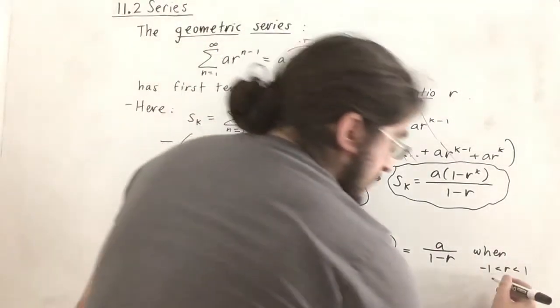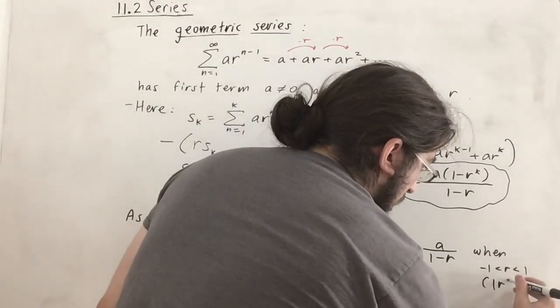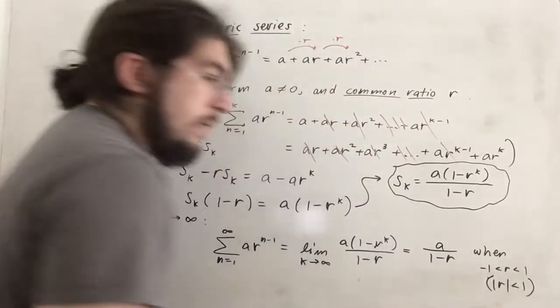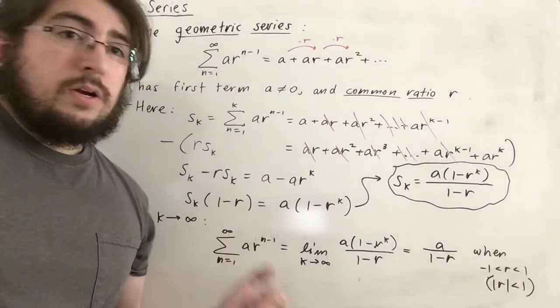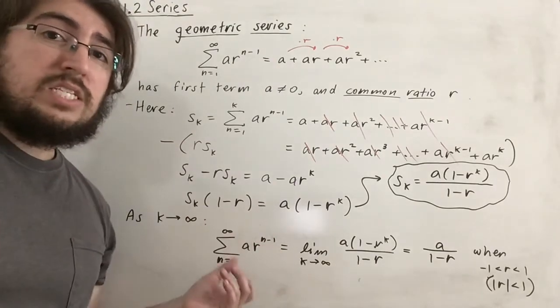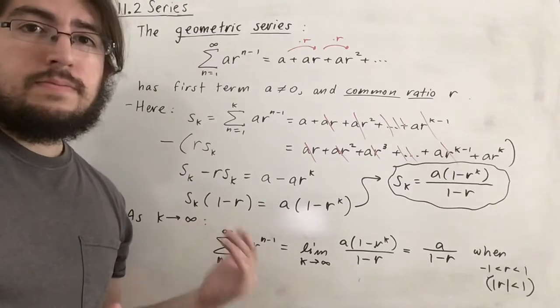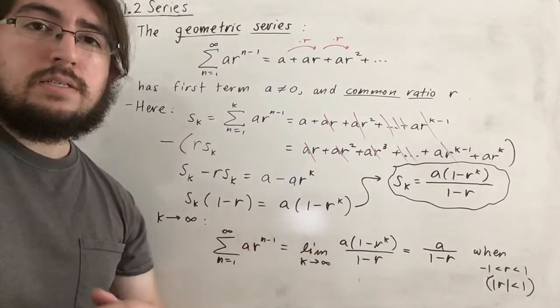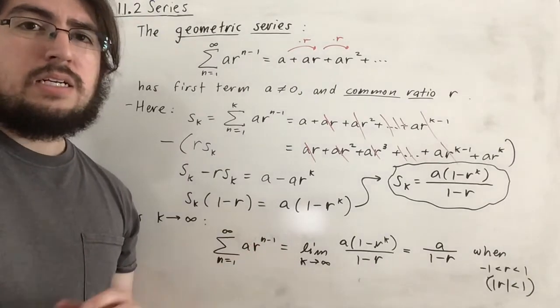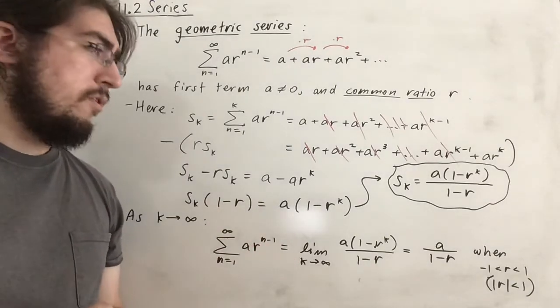Another way of saying this is that the absolute value of r is less than 1. I'll write that in parentheses. There we go. Good. So we actually have existence of a limit of the series when r is in between negative 1 and 1. Otherwise, the series actually diverges, meaning it doesn't converge, of course.